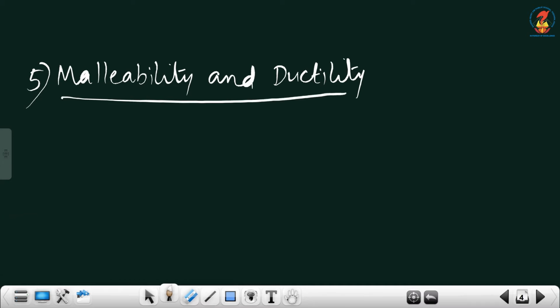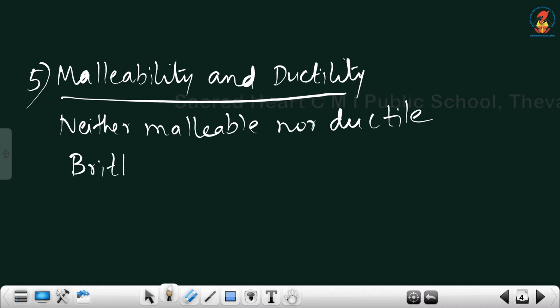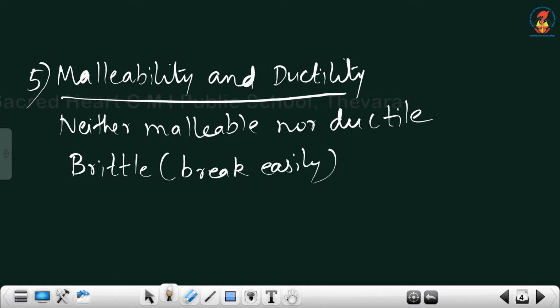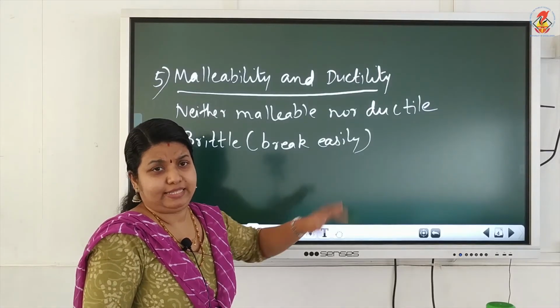Non-metals are neither malleable nor ductile. We call them brittle substances. Brittle means the substances which break easily. So, non-metals are neither malleable nor ductile, rather they are brittle, they break easily.